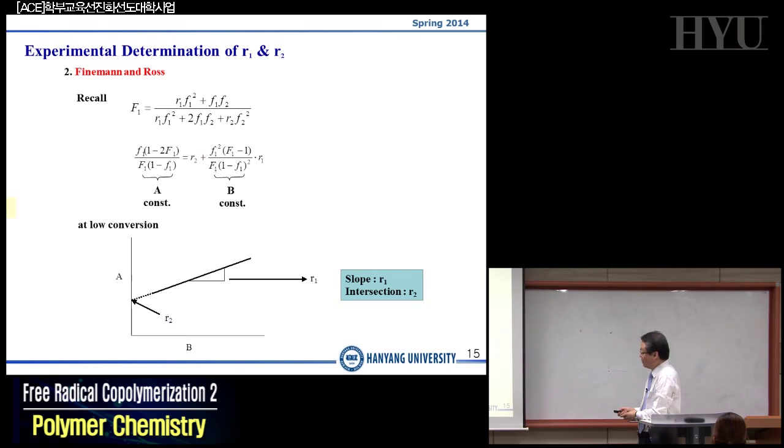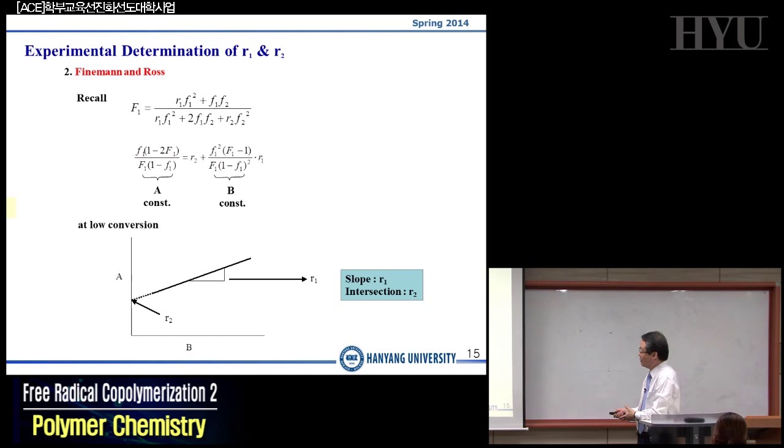Okay? So by changing the small f1, you get a different large F1, then you have different b constants, b1, b2, b3.